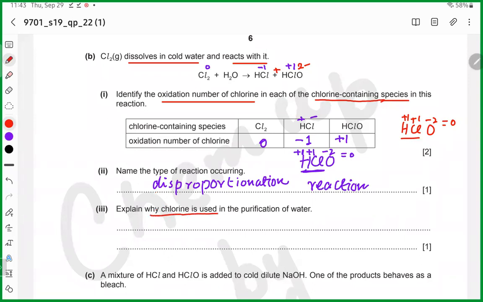Explain why chlorine is used in the purification of water. जी क्लोरीन को क्यों यूज करते हैं? सर क्योंकि HClO एक insoluble compound होता है, वो नीचे बैठ जाता है, उसके बाद उसे filter out कर लेते हैं। Why chlorine is used in the purification of water? तो बेसिकली ये क्या करता है?